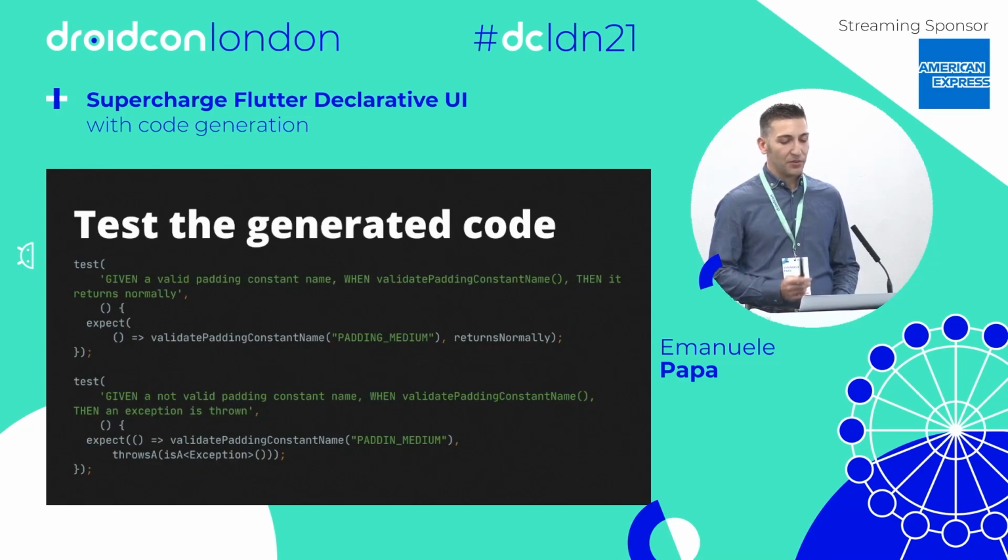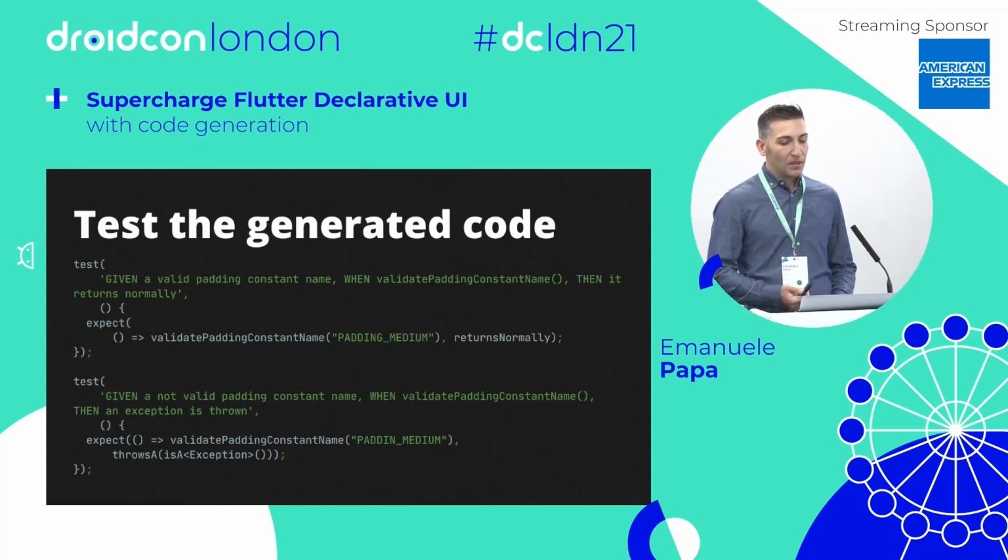In the first one, I check that if the user annotates something that's called padding medium, it is valid. So our method returns normally because the user annotated something that we expect, because otherwise we cannot extract the name of the widget that we want to create. In the second test, I just wrote padding medium without a G. So this name is not valid, and I expect my test to throw an exception.